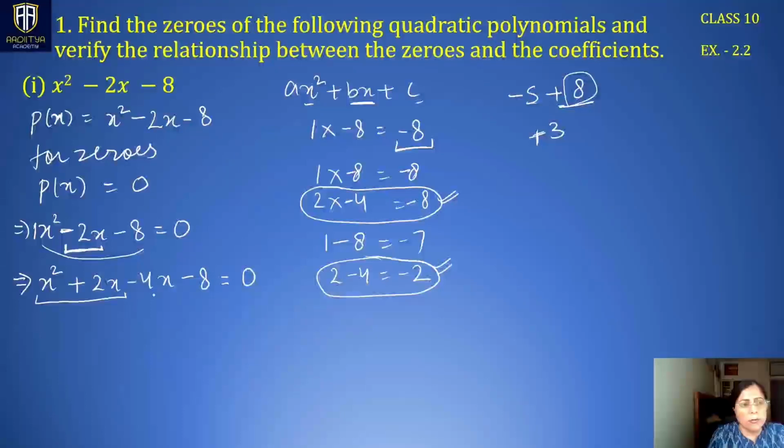Now we have these first two terms and next two terms, right? We have to take common from the first two terms, that is x is common. So after taking x, we have got x at the first place, and from here we are left with 2. Now since the third term is negative, I am taking negative sign common. And then from the third and fourth term, we have 4 as a common factor to both the terms.